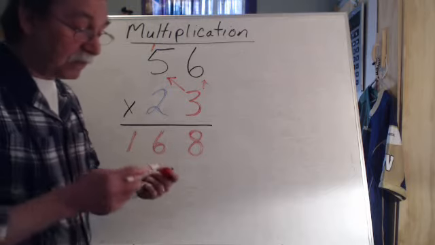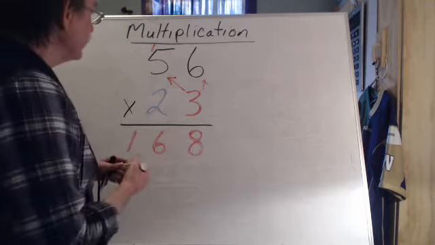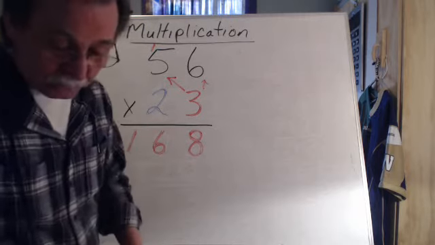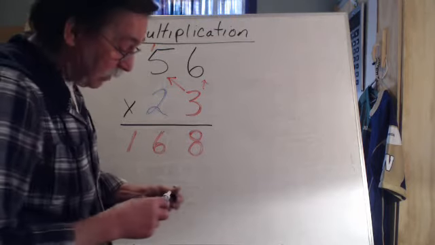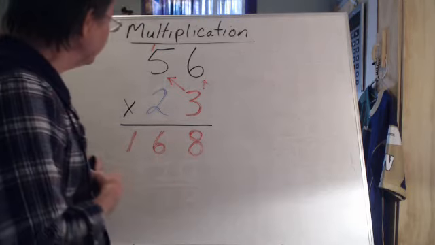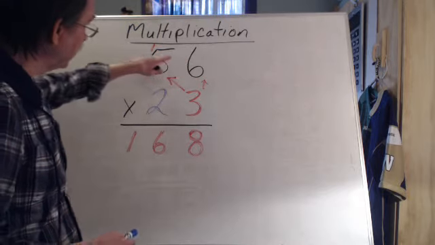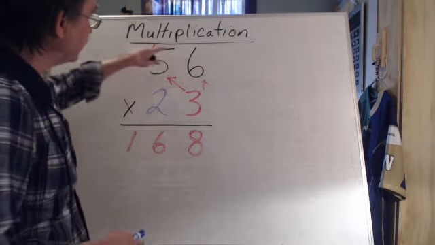We have 168 so far. Great. Okay, we're done with that one. And my blue has been sitting patiently with the cap off. We'll see if it still writes. So now we have to take the 2 and multiply it to the 6 and the 5.